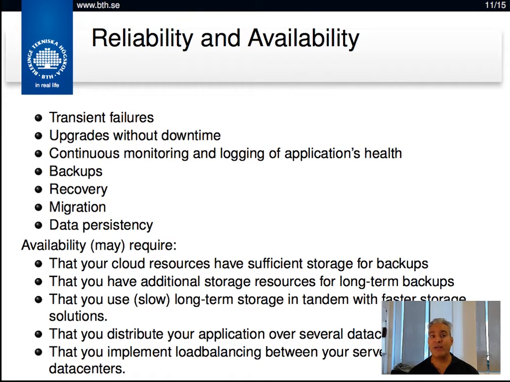Should you have those backups on the same disk, or obviously not, but should you have them on a similar disk as where you're running your production service? Or should you also have them in some sort of glacier facility where you can get them, but it'll take more time?